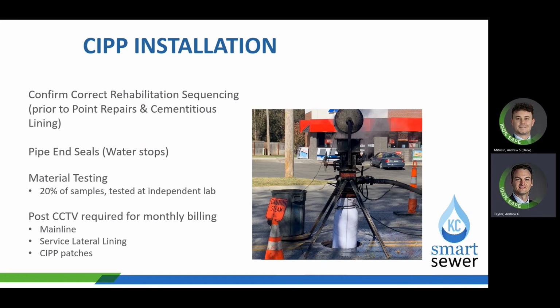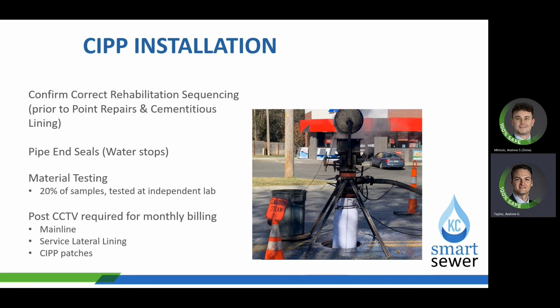CIPP installation. It's important that you first confirm with the contractor the correct sequence as it's outlined in the 1015 specific project requirements specification. So make sure that they are completing point repairs, obviously, and cementitious lining before the installation of CIPP.